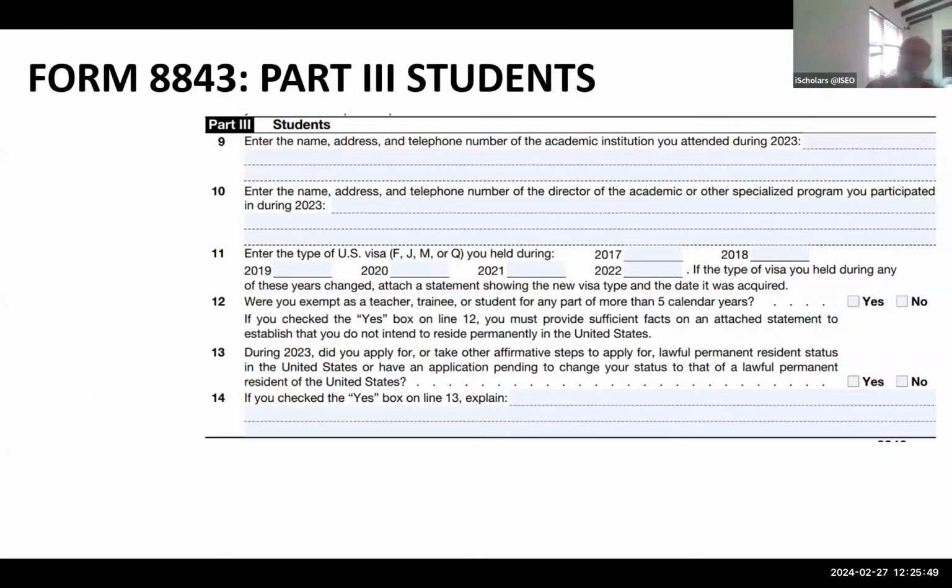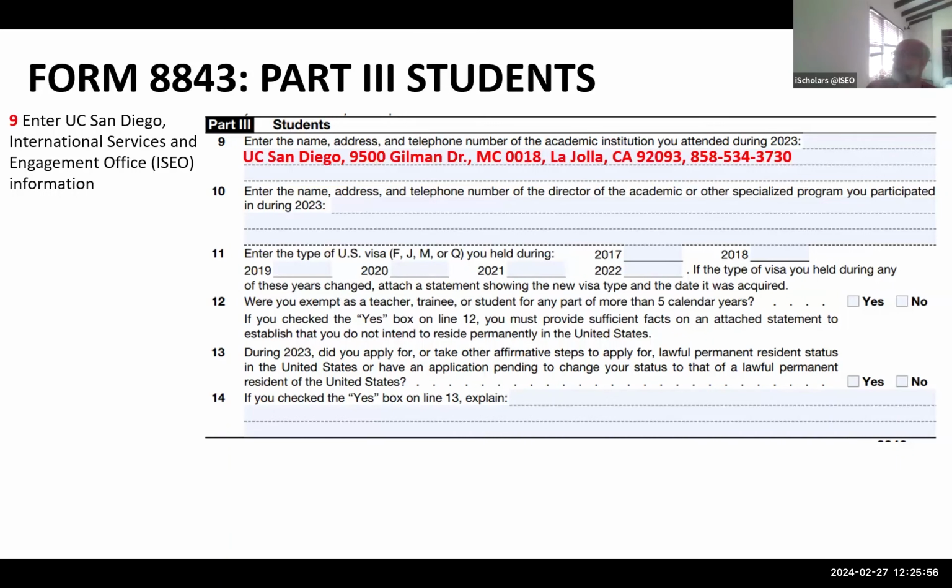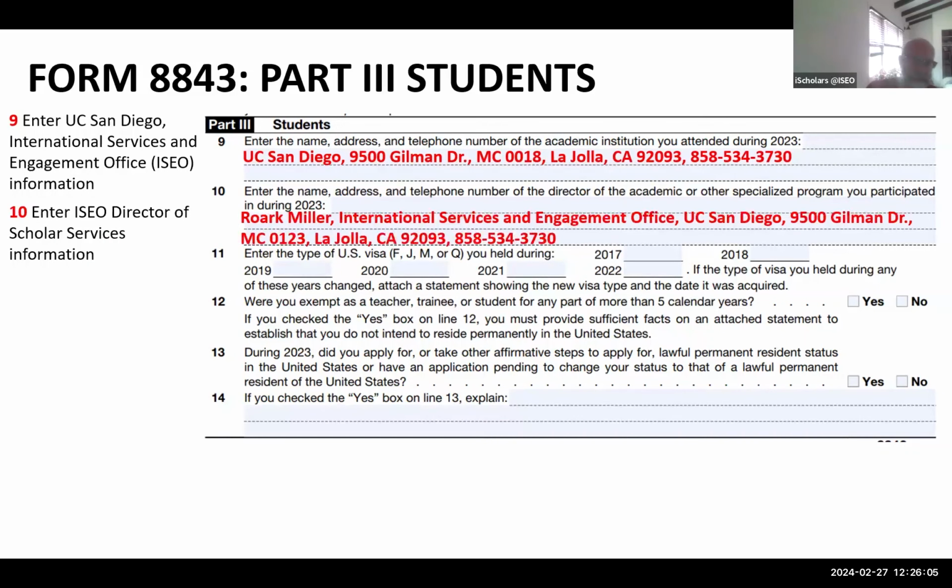Okay, now we'll go on to part 3 for the students. And similar to part 2, I would suggest that you put your institution address here, and particularly our office, and then my name as well, and my contact information there. And then you would do the same, entering the years that you had this status.